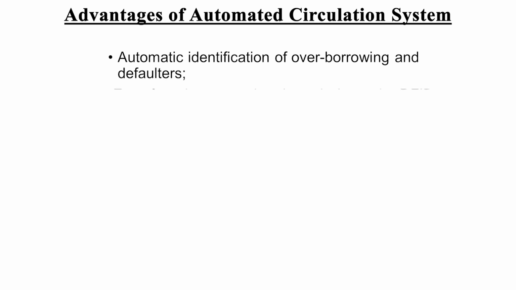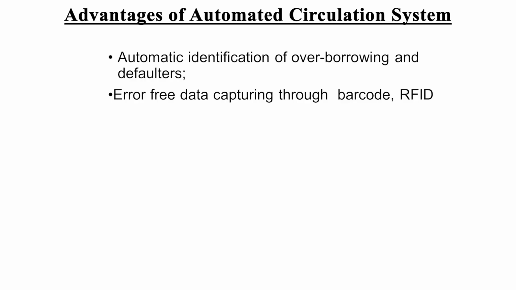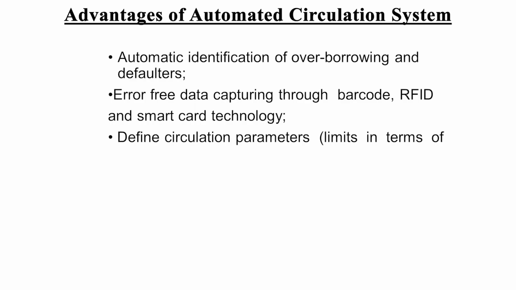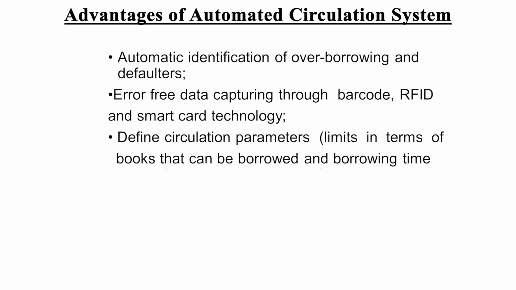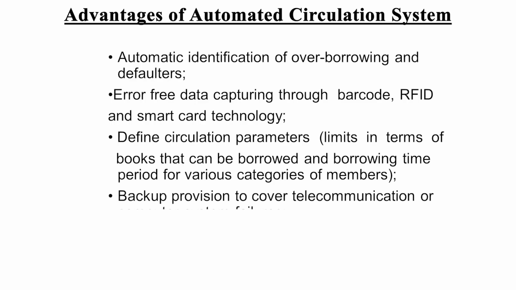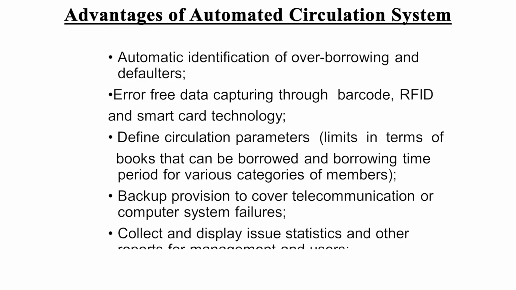Then automatic identification of over-borrowing and defaulters, error-free data capturing through barcode, RFID and smart card technology, define circulation parameters, limit the number of books that can be borrowed and borrowing time period for various categories of members, backup provision to cover telecommunication or computer system failures, collect and display issue statistics and other reports for management and users.